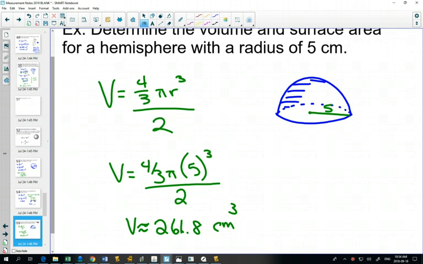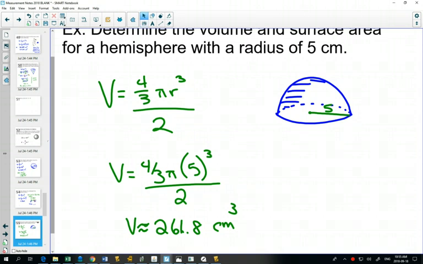Why, when I calculate the surface area of this, is it not just going to be the surface area cut in half? There's a bottom that gets added, right? If I just do half the surface area of a sphere, I don't count the circle on the bottom.